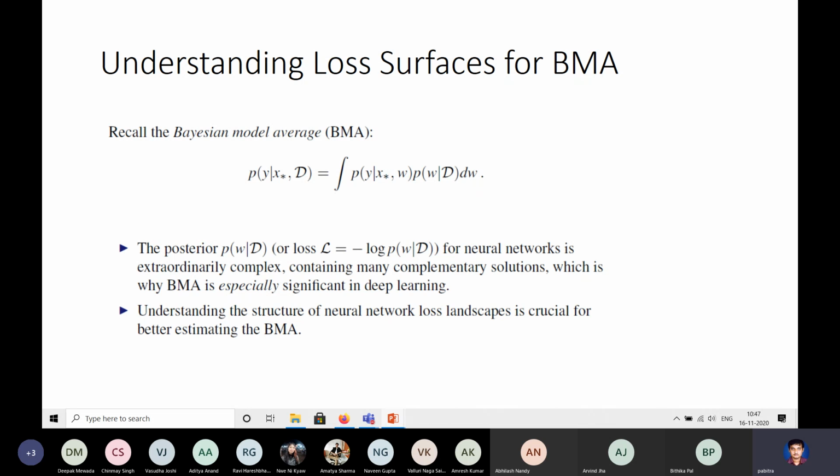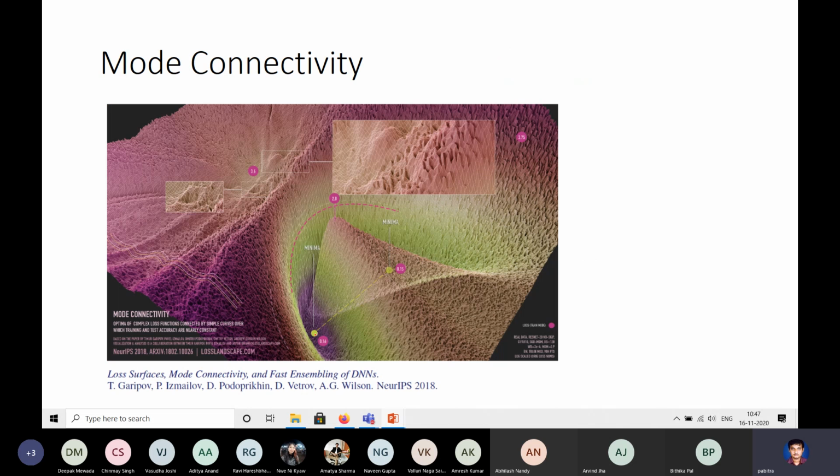One phenomenon that is observed in the loss surface is that often there are 2 points which have low error, which are minima, and they are connected by something called a mode connection over a smooth path. Whereas if you take 2 points here, it would be a very rugged path from here to here. But here there is a smooth path between two minimas.